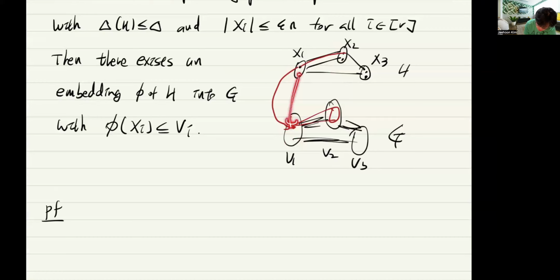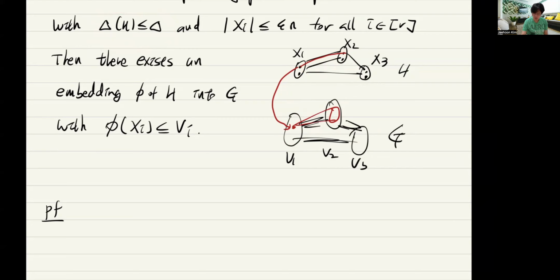You keep embedding, and next time you embed into this candidate set, its neighborhood's candidate set also shrinks. Then we measure how much it shrinks and how many times it shrinks. Every time its neighbor is embedded, it shrinks. So the number of shrinkings is small, at most delta.